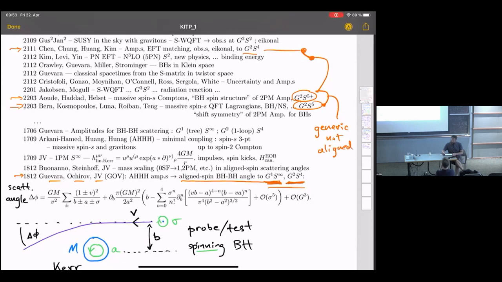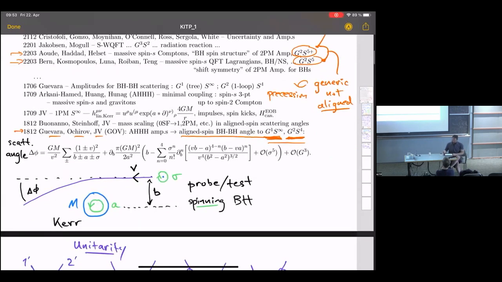I know many of you are familiar, but just to say, when black holes in a binary are spinning, of course, in general, they could have generic spin directions. The motion gets much more complicated, leading to what we've heard in other talks is referred to as precession of the orbital plane when the spins are not aligned. But a very simple case is the so-called aligned spin case, which is what I'm looking at down here.